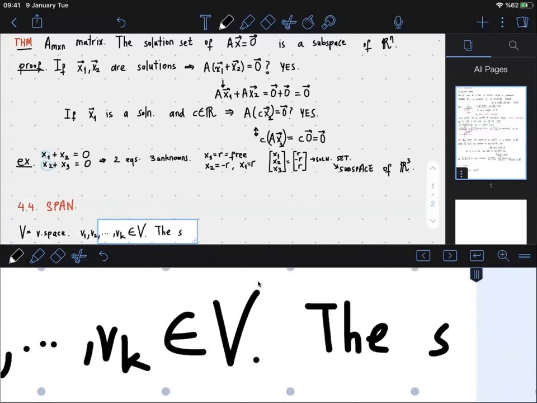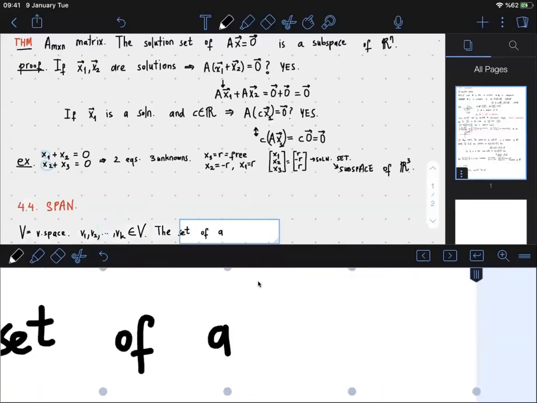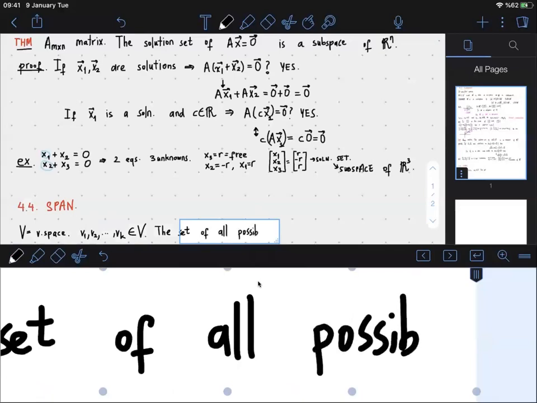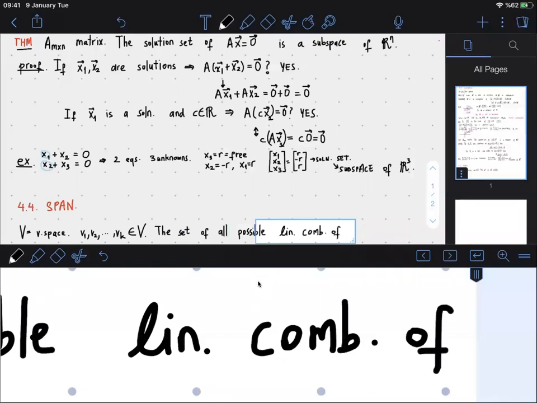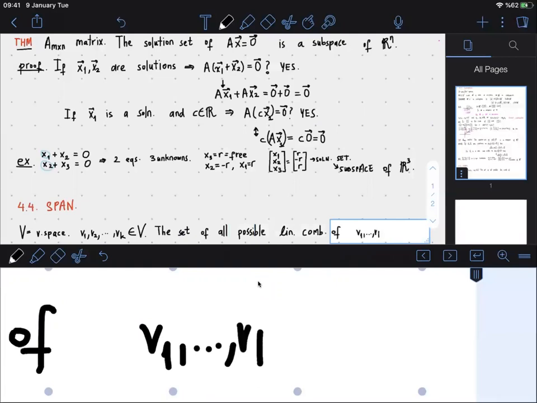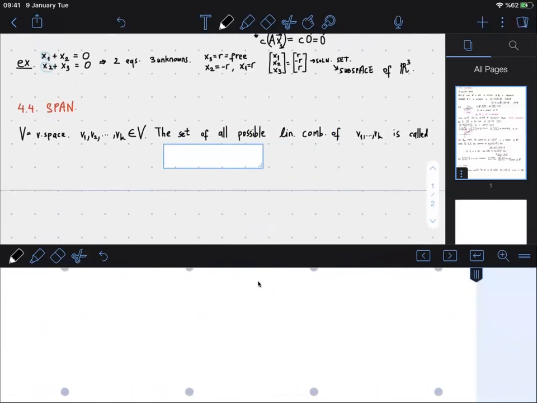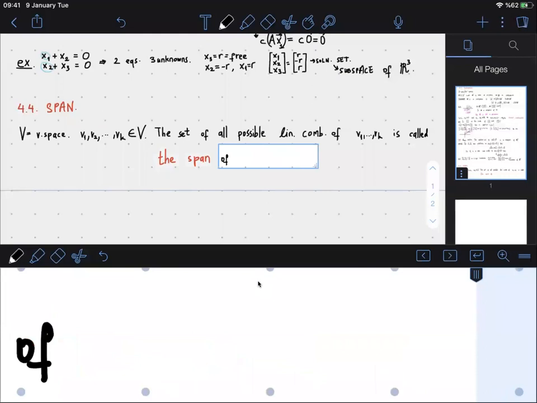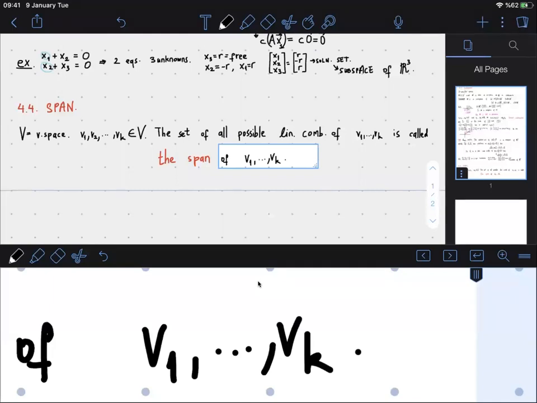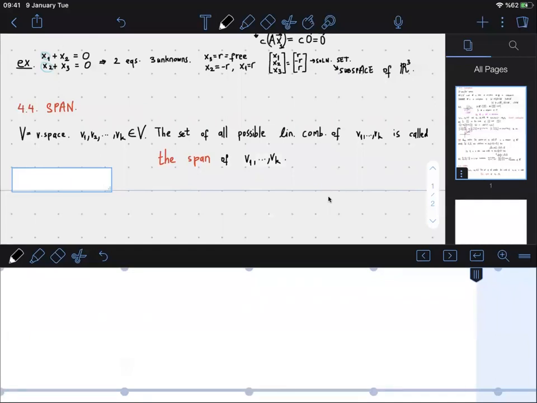The set of all possible linear combinations of these vectors is called the span of these vectors. The span of v1 to vk.